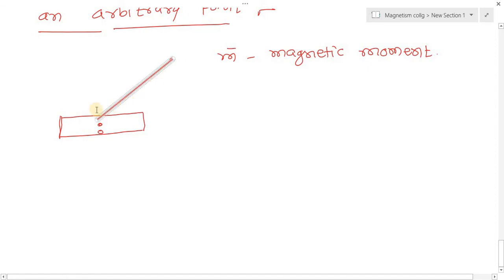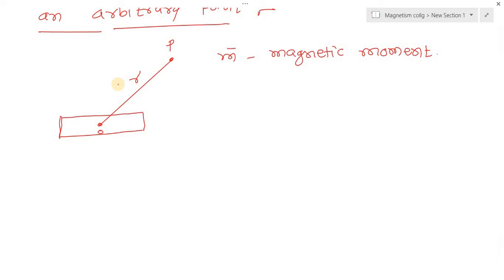Here I take point P at any position, at a distance r from the center. Now the magnetic moment m bar is resolved into two components: one along r bar and the other perpendicular to r bar.